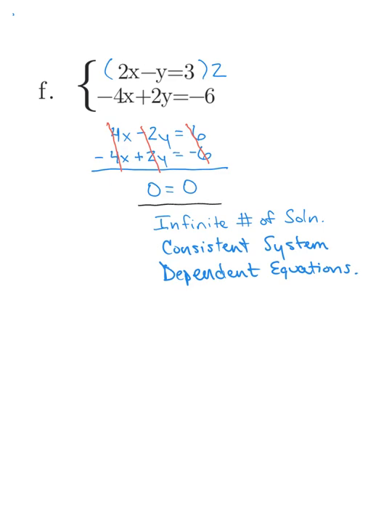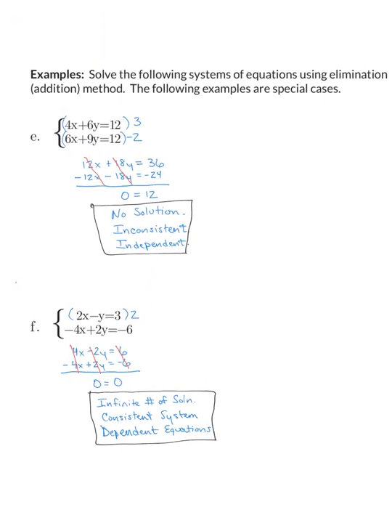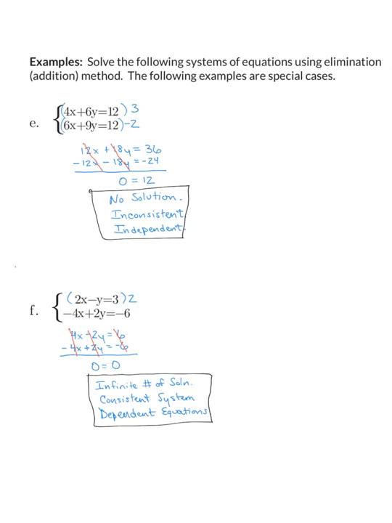So this is the other way that you can check and come up with solutions, or do the problem involving consistent, inconsistent, dependent, independent. So those are our two special cases, and hopefully that makes a little bit more sense in terms of other ways that you can find this.